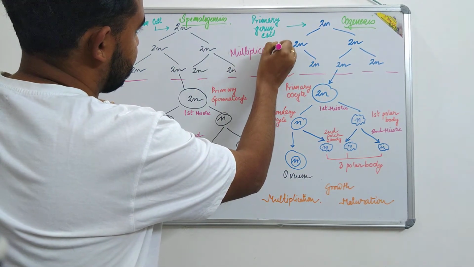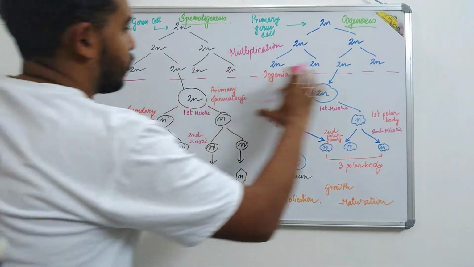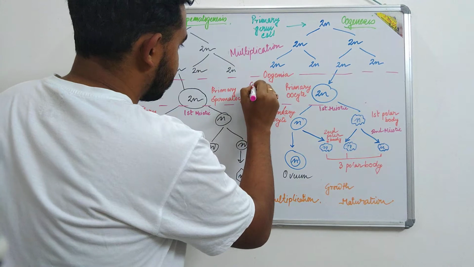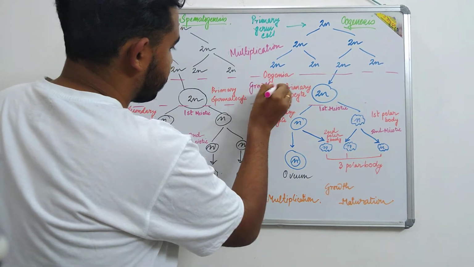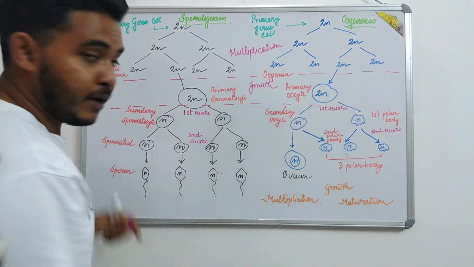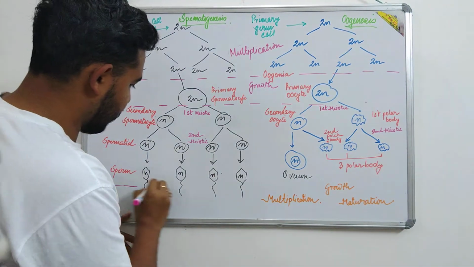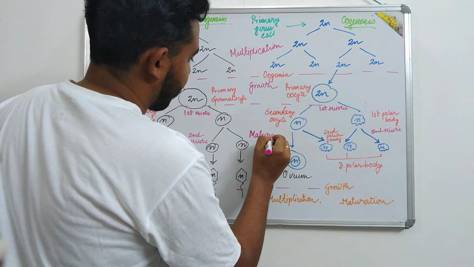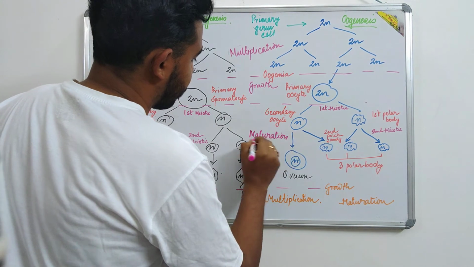Look, the number is increasing. And this particular part is growing; this stage is called the growth stage, and this is the maturation stage. What do you call it? Maturation.